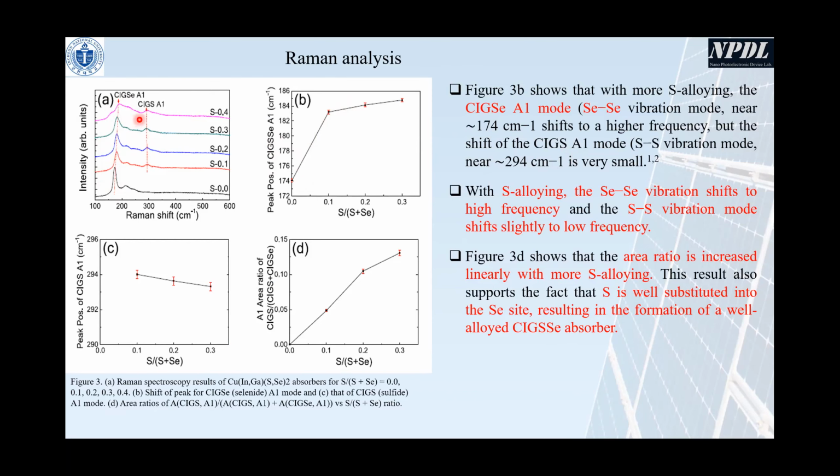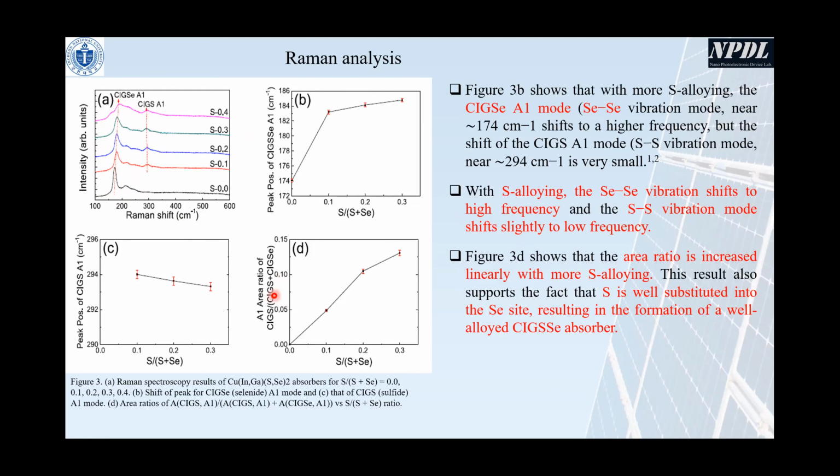And there is also a selenium sulfur vibration at about 294, and this vibration is very small, because for our device or absorber quality, the dominant phonon vibration mode is the selenium vibration mode, which exists around 174. So we can conclude that with sulfur alloying, the selenium vibration shifts to higher frequency, and the sulfur phonon vibration modes shift slightly to lower frequency.